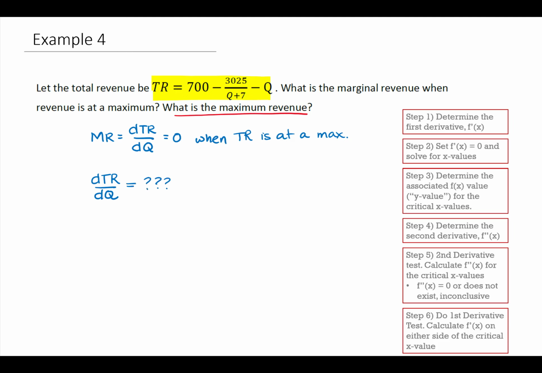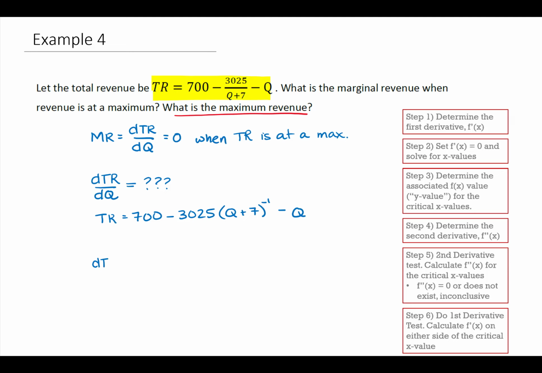Now for me to do this, I'm first going to rewrite my total revenue function so that it's a little bit easier to do the derivative. Total revenue is equal to 700 minus 3025, and I'm just going to take that denominator and bring it up by giving it a -1 exponent.